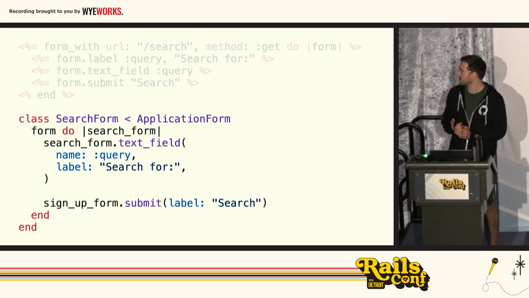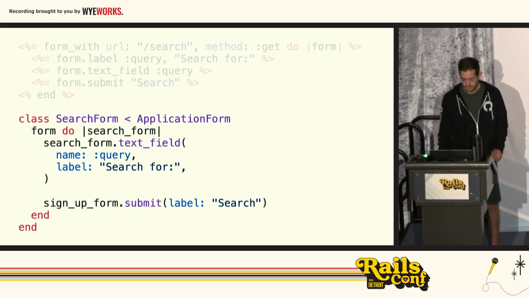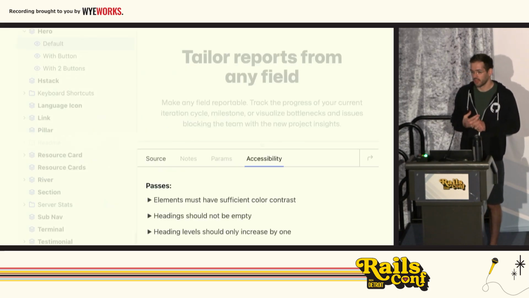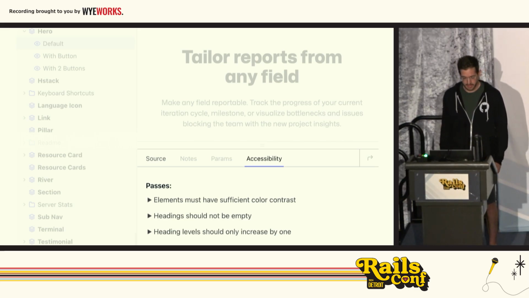I also shared how we use custom Rails form builders to eliminate certain classes of accessibility errors. And I also shared how we use a tool called Lookbook, which you can think of as basically Storybook, but in a Rails-first architecture. We use that with its built-in accessibility tools to surface accessibility errors in the UI development process.